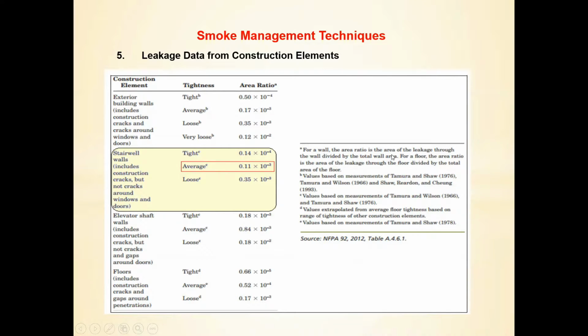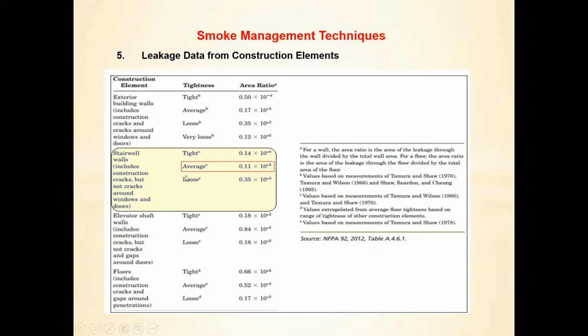It is the area of the leakage through that wall divided by the total wall area. It will be there for the different elements of the construction: the exterior building walls, the stairwell walls, the elevator walls, the floors, and likewise the ceilings.